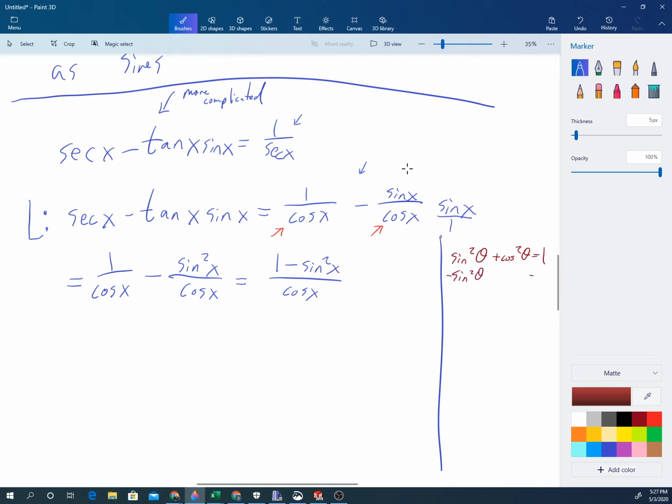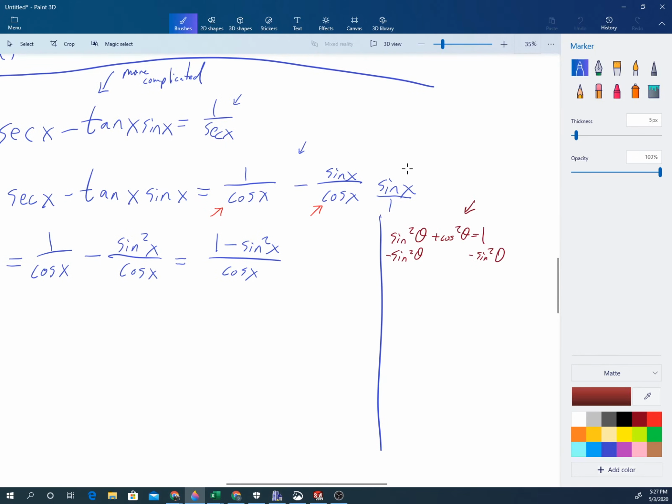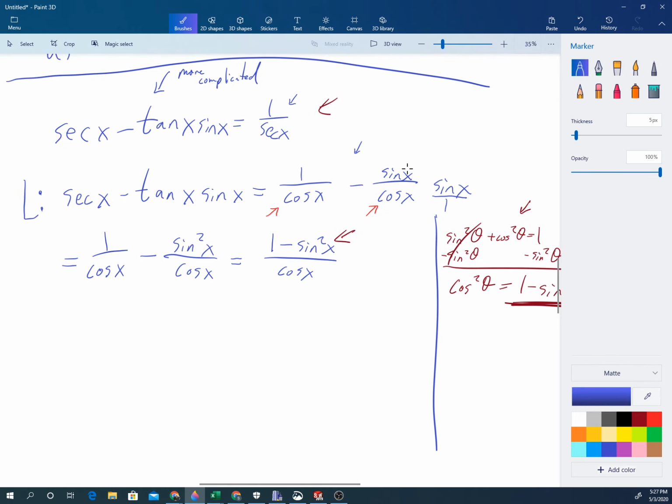Now here you can move things across the equal sign when you're using a proven identity, but when you're in the process of proving an identity, it's not allowed. Okay, so I know that cosine squared is the same thing as 1 minus sine squared, which is perfect because that's what I've got. So I replace that 1 minus sine squared with a cosine squared.